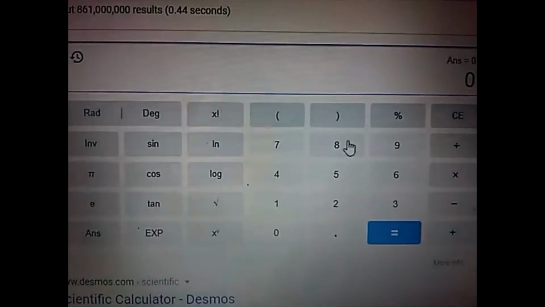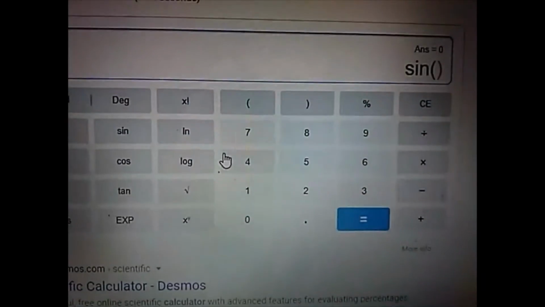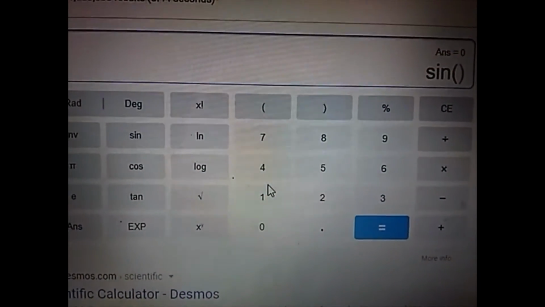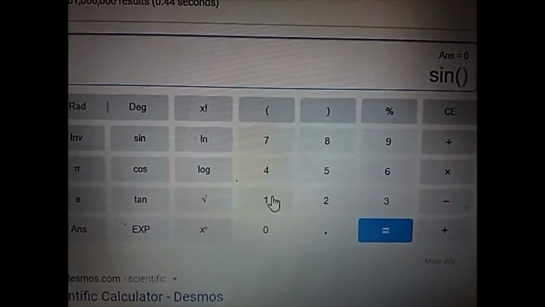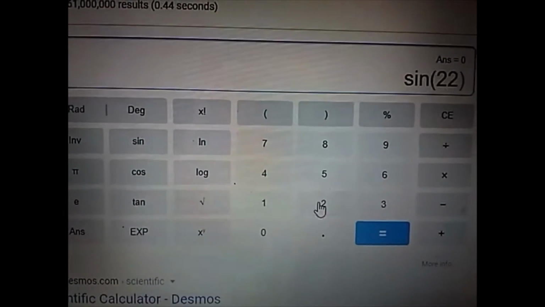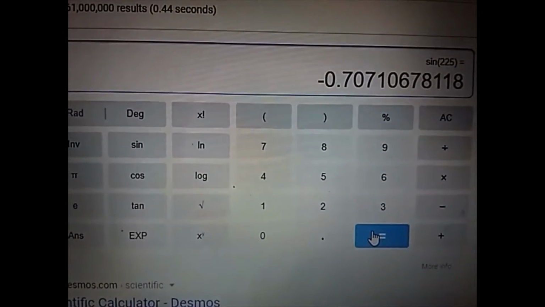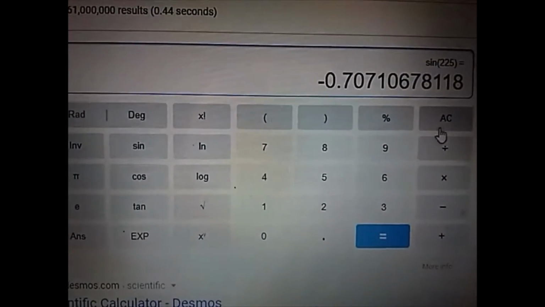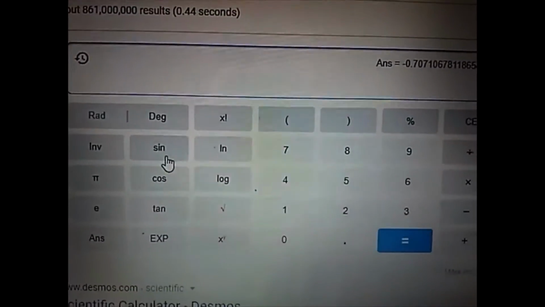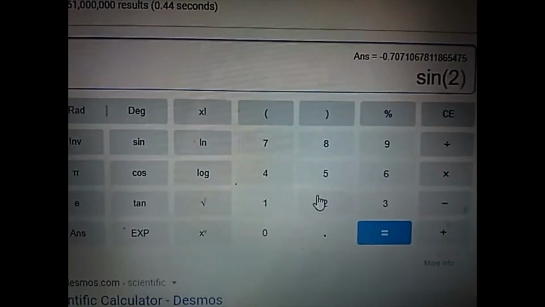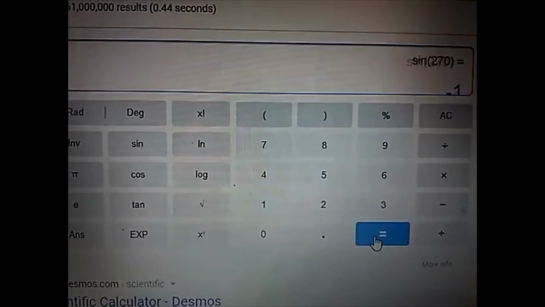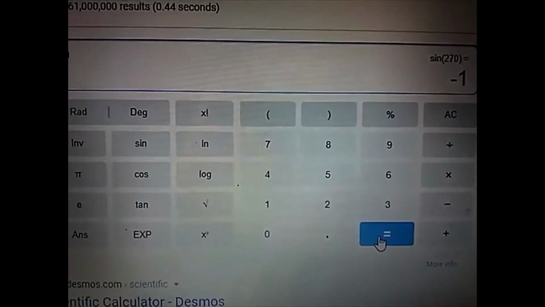Alright, it goes back to 0. Now, if it goes higher than 180 degrees, watch what happens. Now the answer is negative. And the sine of 270 degrees is negative 1, which is the lowest it can go.